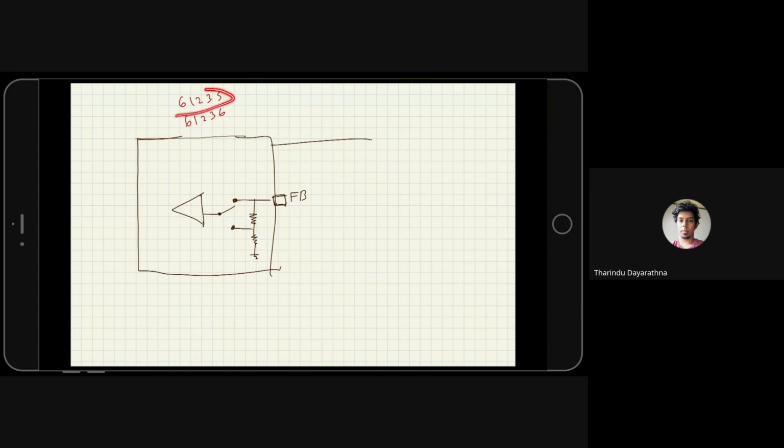In this chip, the internal arrangement is like this. It is connected here, the voltage divider is mounted inside, so you just need to give the output voltage.